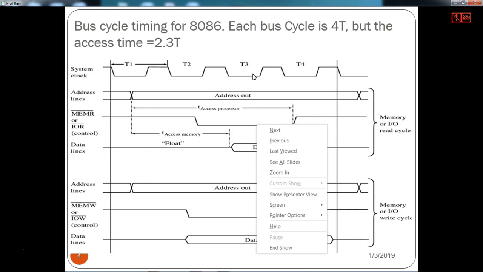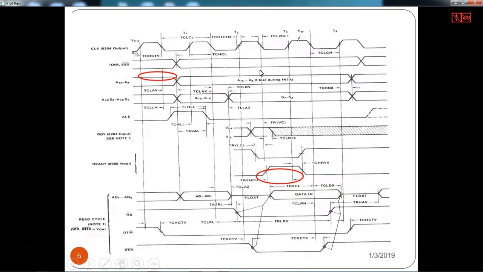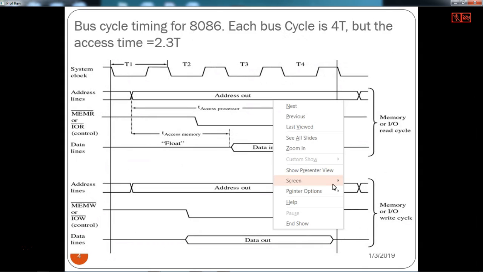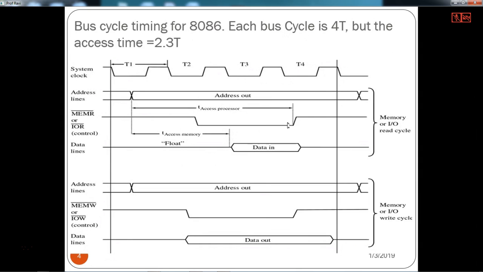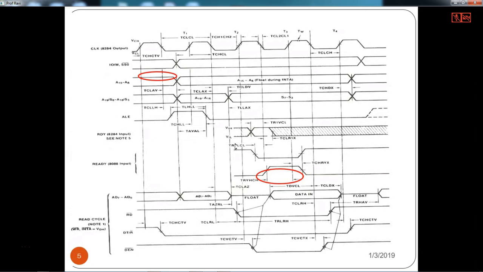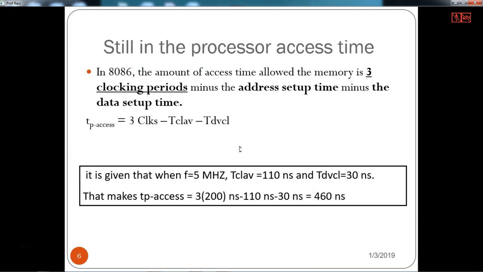Here if you look at the timing diagrams, the data is available at 2.3 T. So we can say that the amount of access time allowed by the memory is 3 clock periods minus the address setup time minus the data setup time.